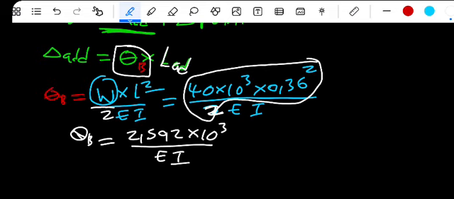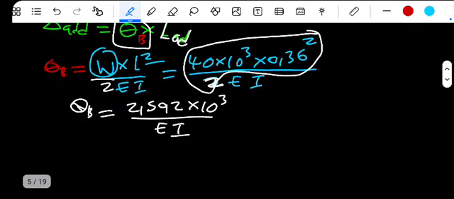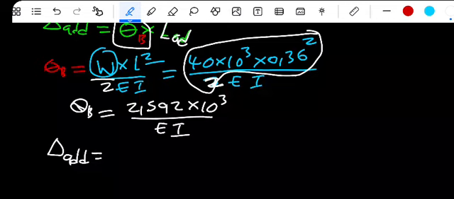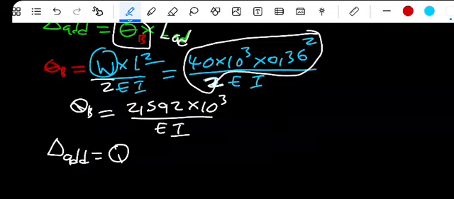So let us find the additional deflection. The additional deflection is that theta, the slope, multiplied by the additional length.